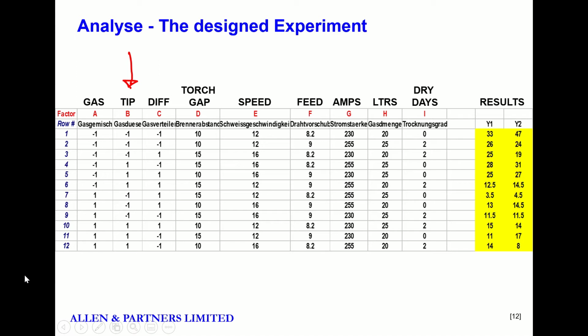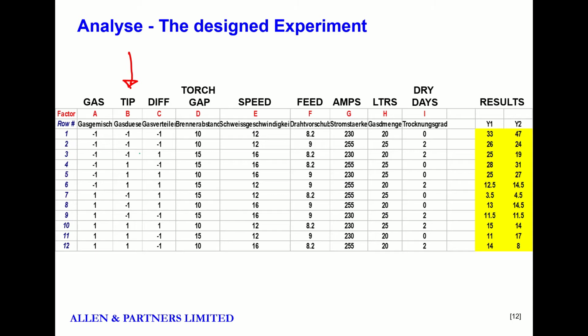Does that affect the welding quality? So that was one of the things that we tested. So -1 in this case represented an old tip, +1 represents a new tip.